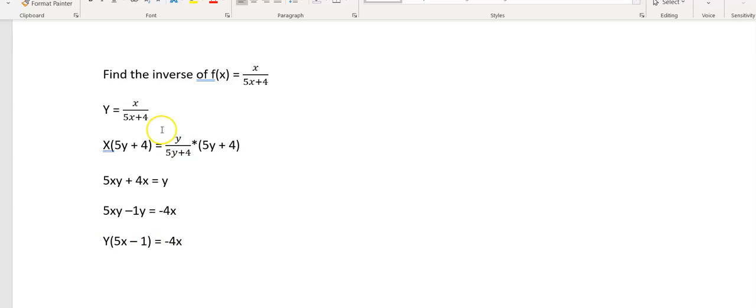So let's divide out our 5x minus 1 on both sides.